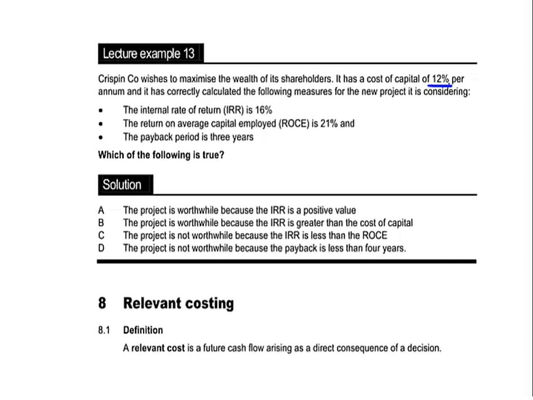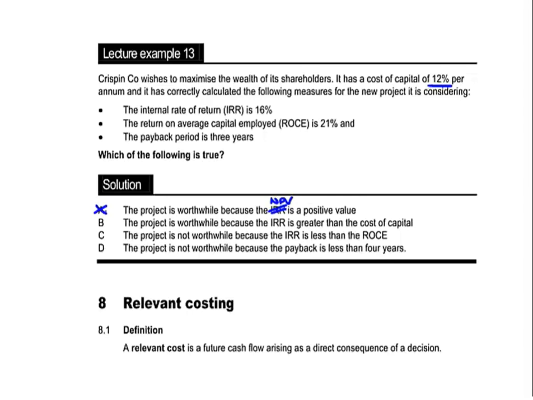We need to have a look then which one is true. Statement A, the project is worthwhile because the IRR is a positive value. Now, don't get drawn into this one because actually we would be looking at accepting projects with a positive NPV. So it's not going to be answer A.